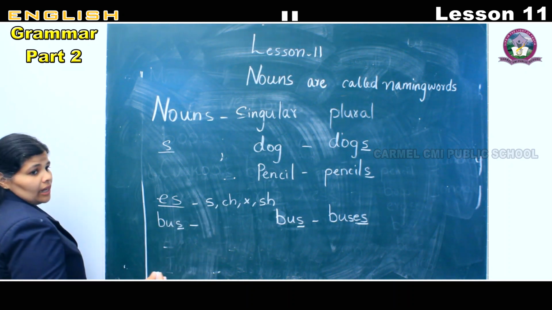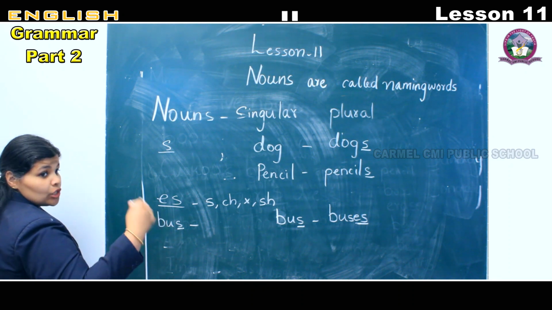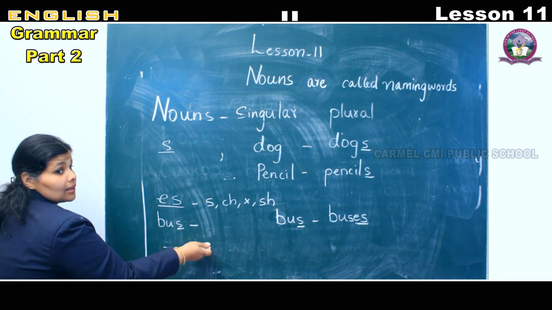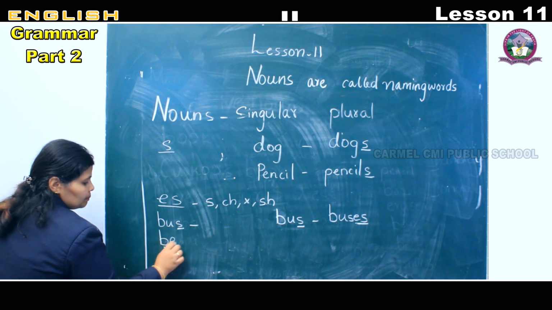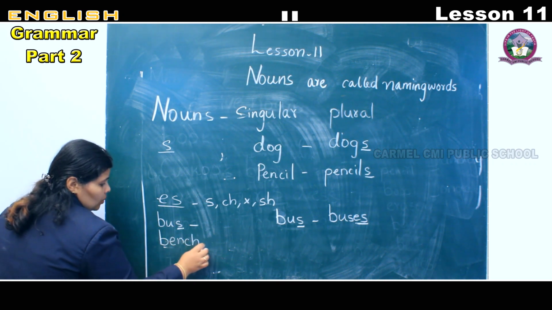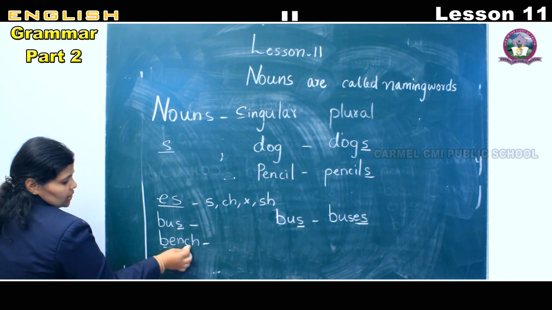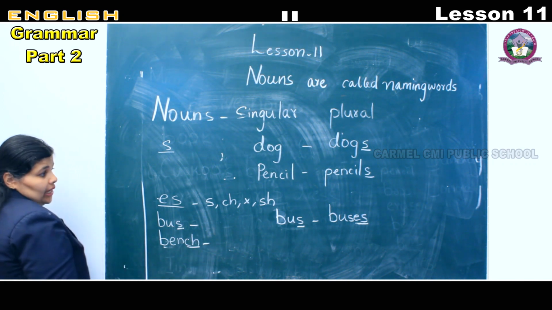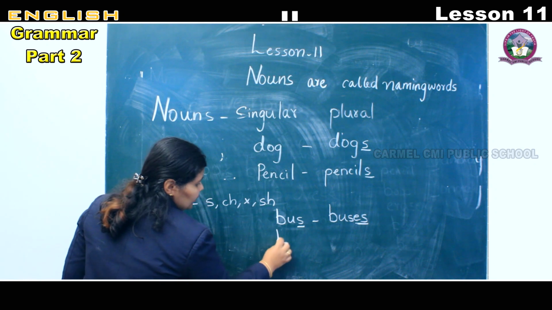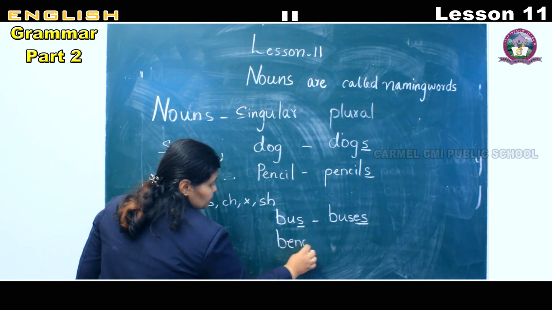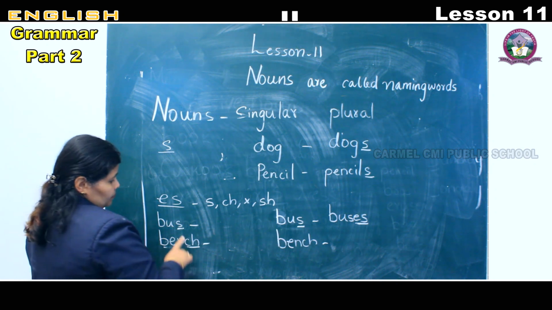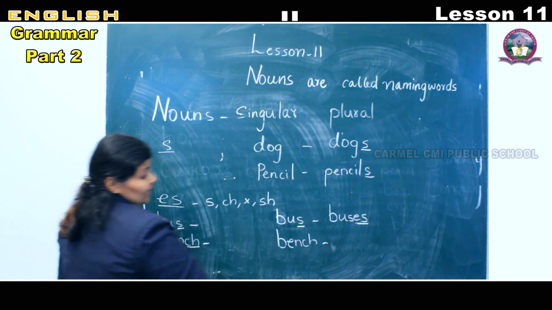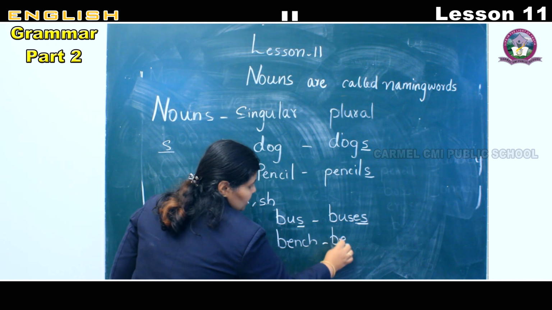Now next is what? ch. Tell me a word that ends with ch. Bench. Bench is what we sit on. Now bench. Which is the letters at the end? ch. So the singular is bench. And to make it into plural, what do we add? es.